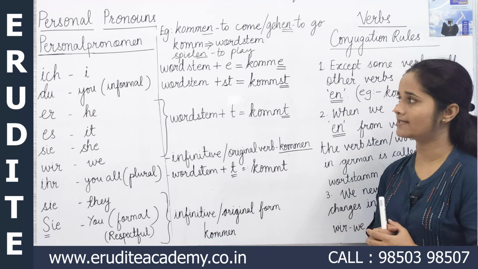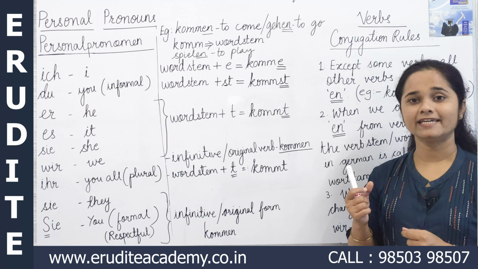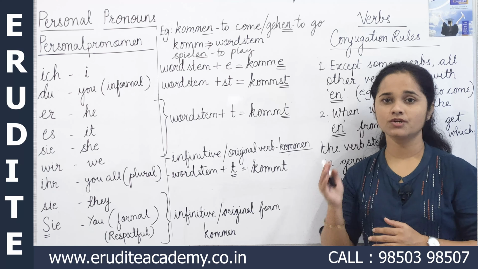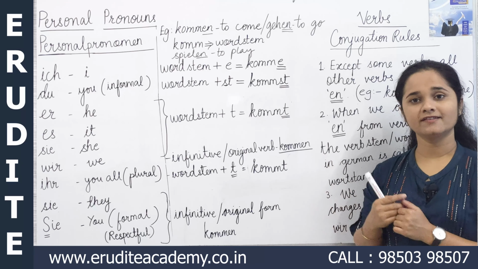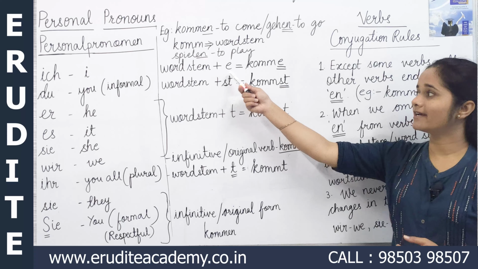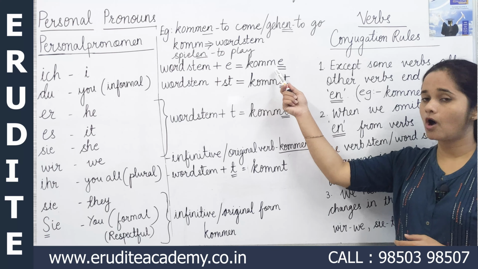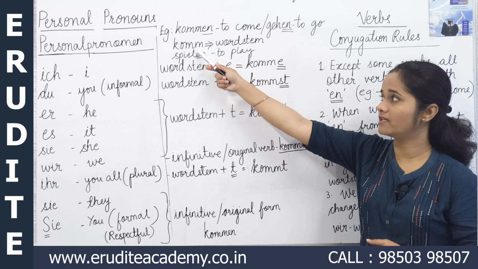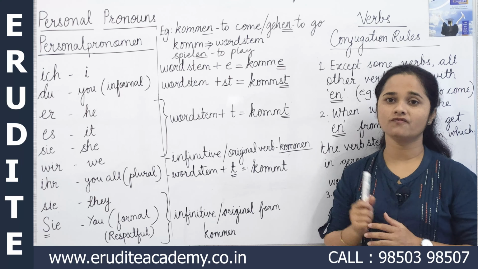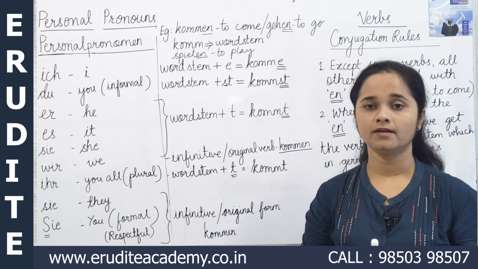Now, the rule says that when I am conjugating a verb for the ich form, ich is I, conjugating this verb will be writing the word stem and adding an extra e to it, which becomes komm plus e, which shows that this is the conjugation for the ich form, and that is pronounced as komme.